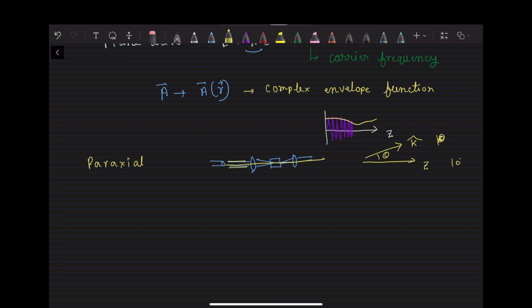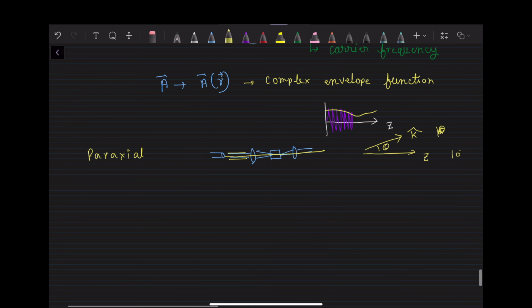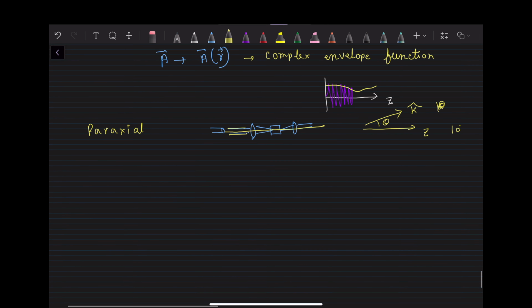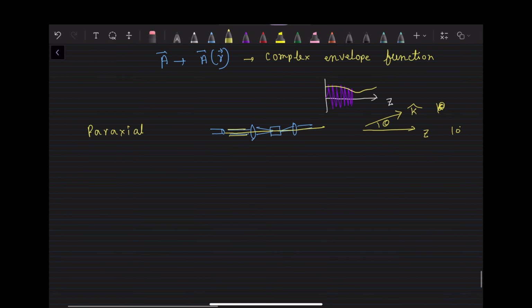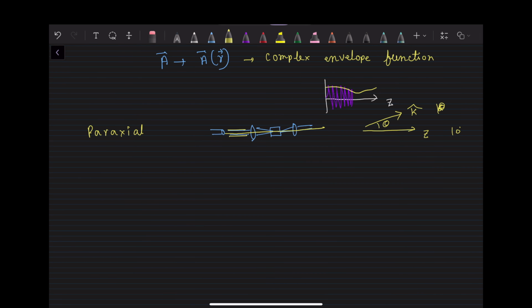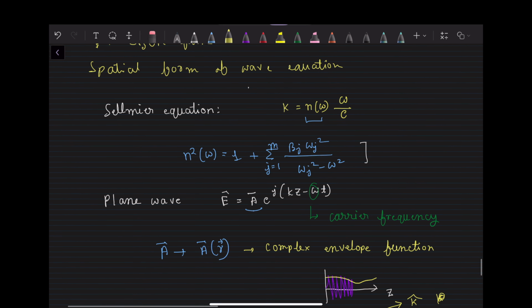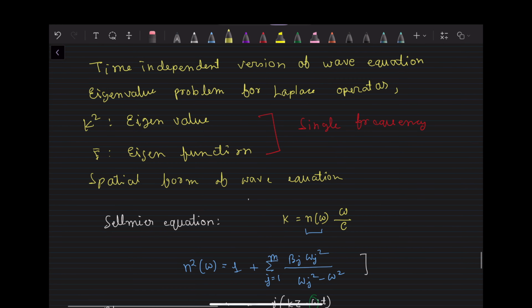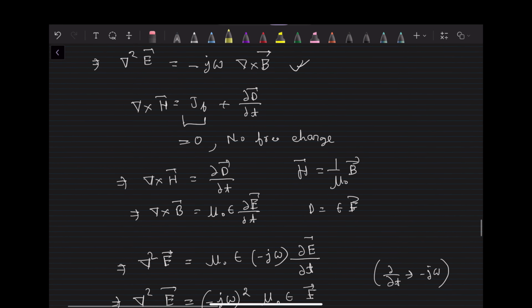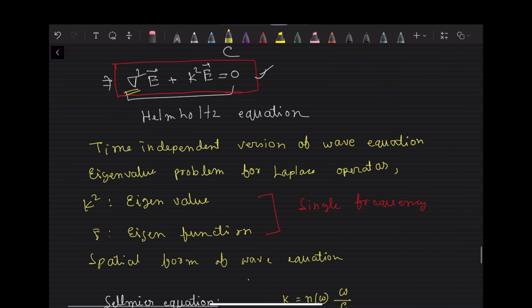So all of these wave equations that we'll be talking about are paraxial, and we want to find the paraxial Helmholtz equation because that's what we'll be using throughout the course. Now what we can do, we can have this wave function, and let's use only the spatial term, because we have already taken care of the time varying function in the Helmholtz equation. So the Helmholtz equation is free of any time part, right?